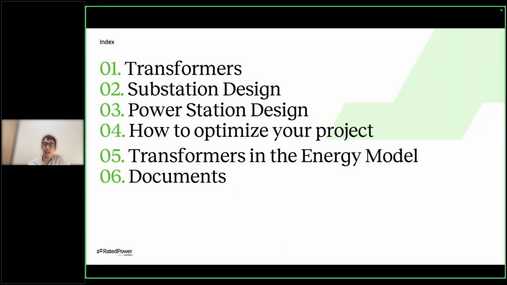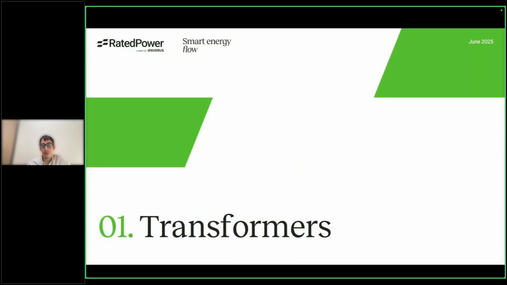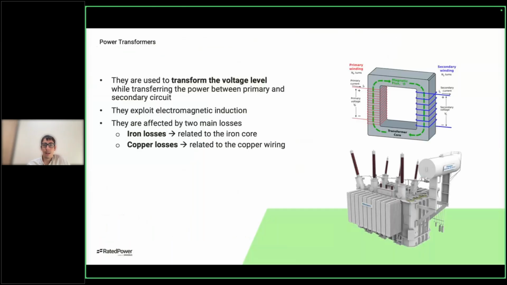Perfect. Well, let's start with the transformers. Just a little bit of context. I'm sure everyone here is well familiar with the concept. They are components that are used to transform the voltage level, and they exploit the electromagnetic induction phenomenon. How does it work?